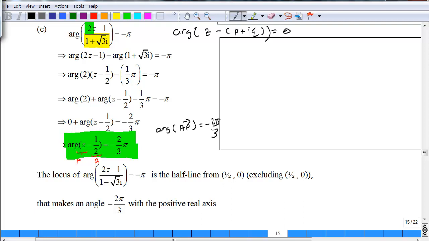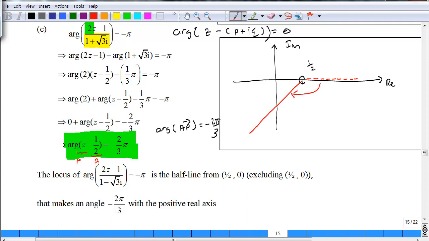Alright, so as usual, we go and mark the point A first. Right, the point A is half, so let's say half is here, and that's point A. Draw your horizontal dotted line in the positive direction, and the angle that it makes with this positive horizontal is negative 2 pi over 3, which is negative 120 degrees, which is about here.